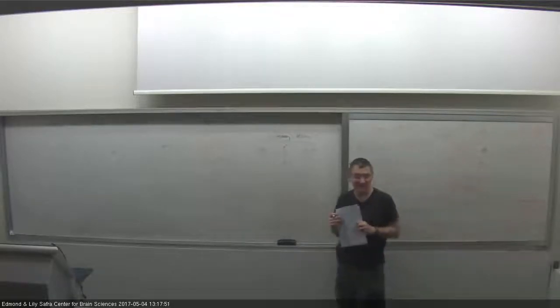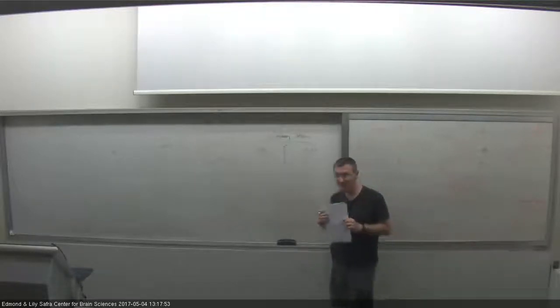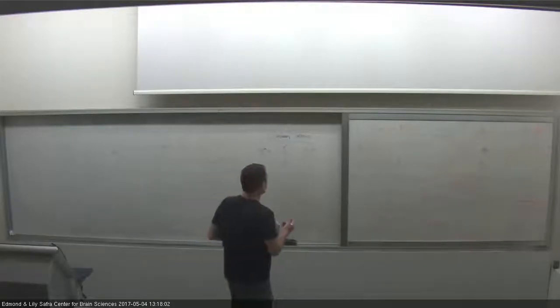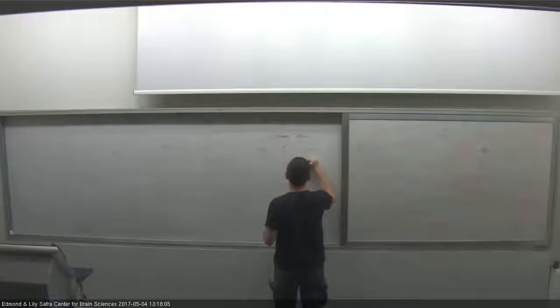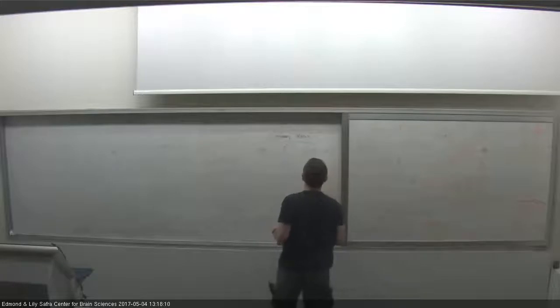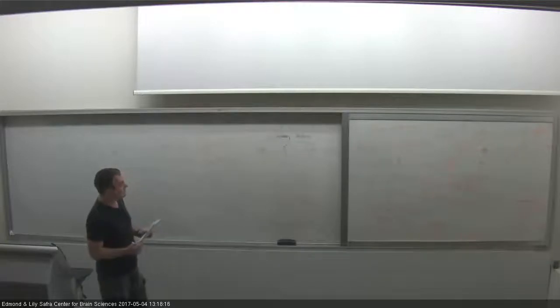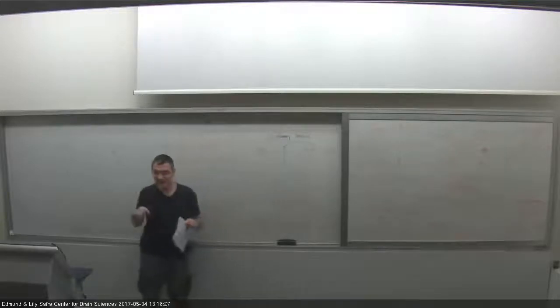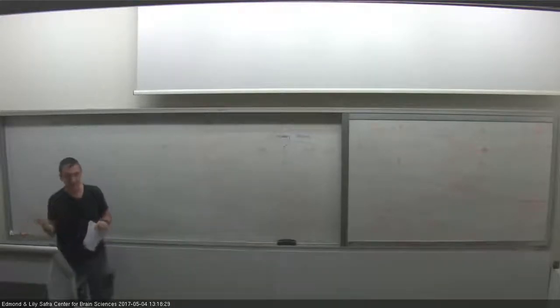I'm going to make an additional assumption about the memory pattern: that P i mu is equal to plus or minus 1 with probability 1/2, such that the pattern of activity of different neurons within a memory pattern, and of the same neuron in different memory patterns, are independent.